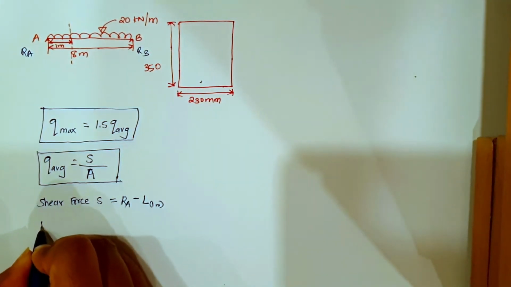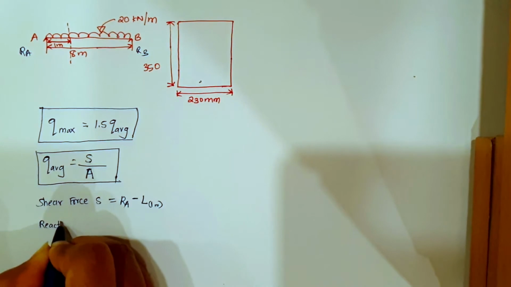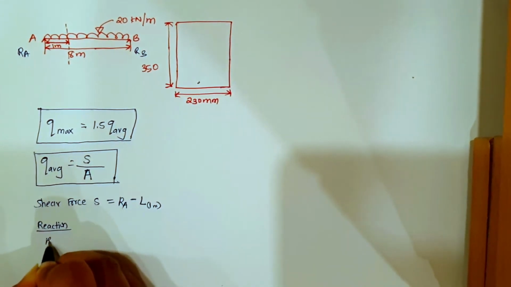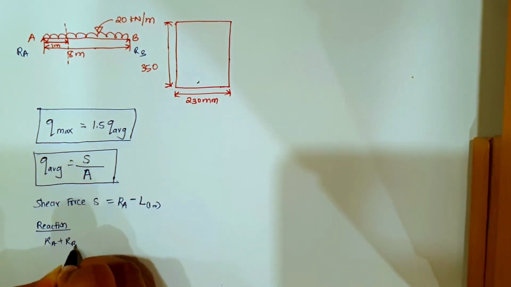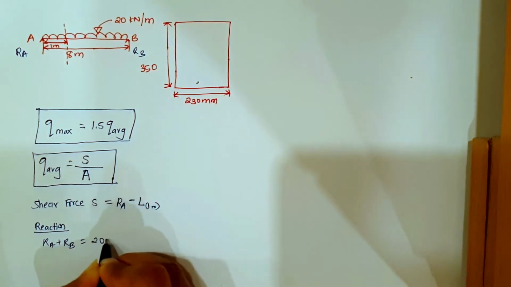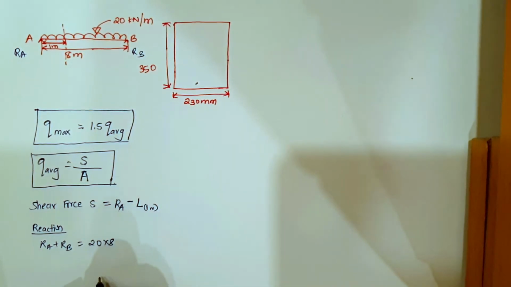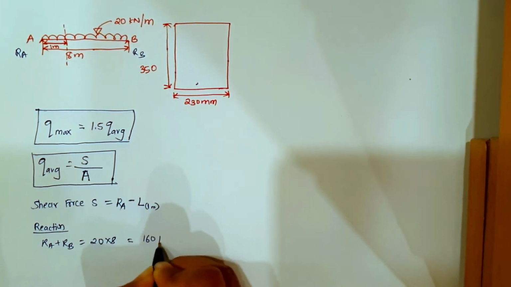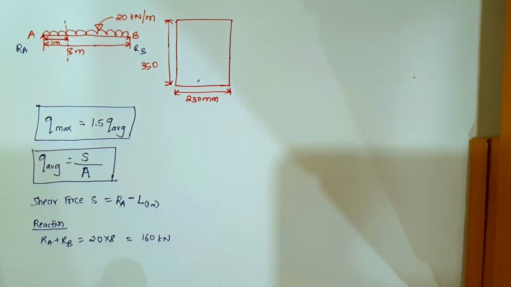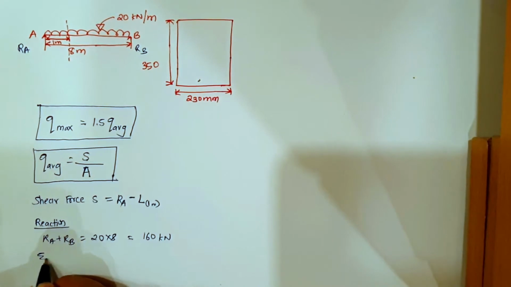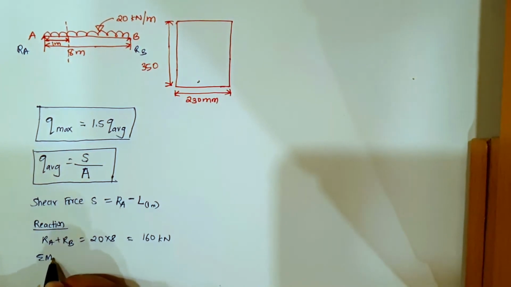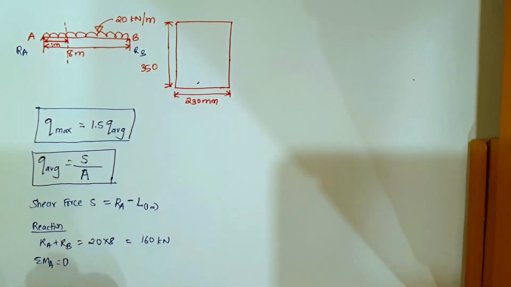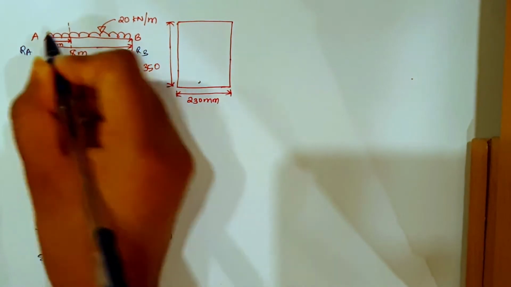To find reactions, RA plus RB will be equal to 20 into 8, right? So 20 into 8 is equal to 160 kilonewton. Now by making summation of moment about A equal to 0, I'm taking moments from this point.